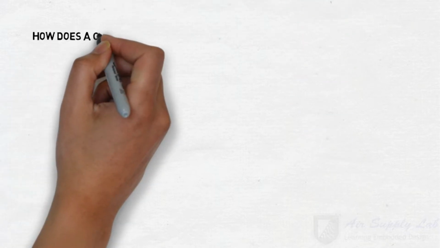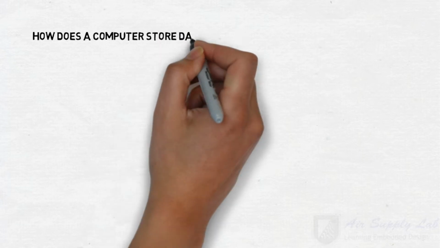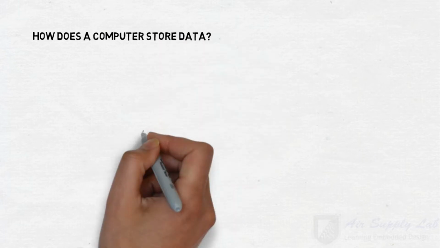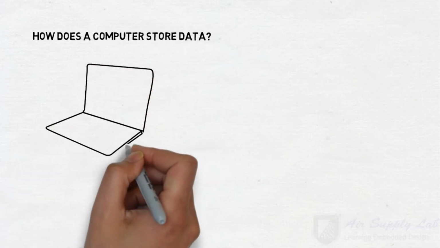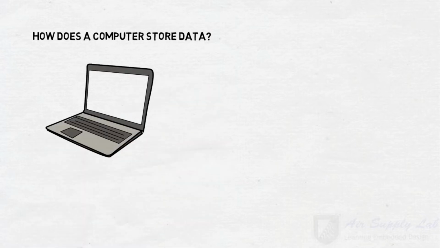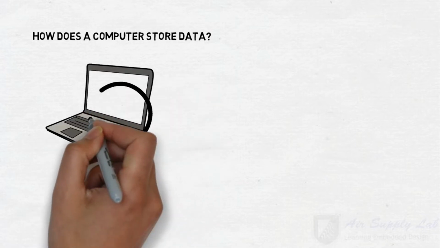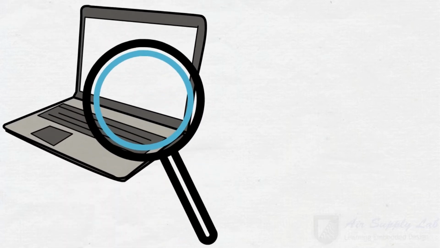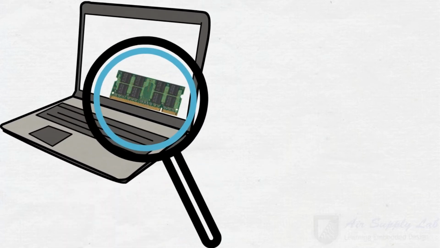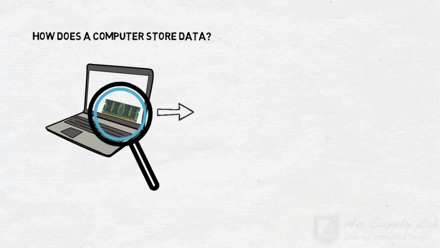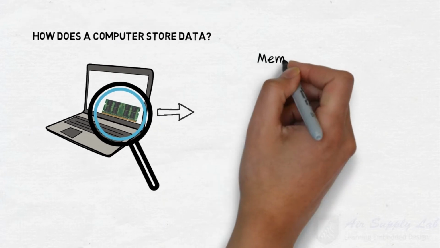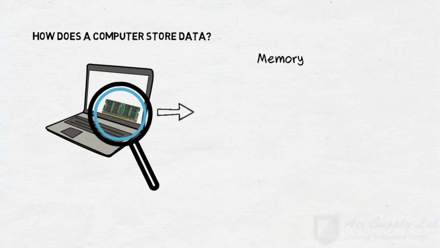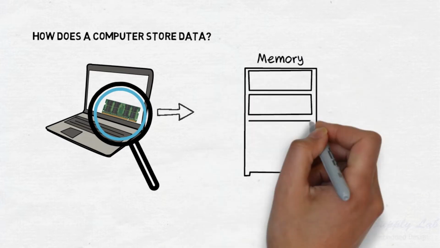How does a computer store data? Look inside your computer. You should find a few things, such as the memory. The memory is like a cabinet with multiple drawers.